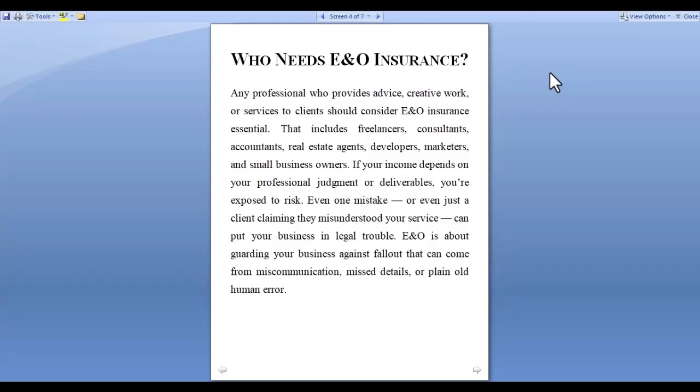If your income depends on your professional judgment or deliverables, you are exposed to risk. Even one mistake, or even just a client claiming they misunderstood your service, can put your business in legal trouble. So E&O is about guarding your business against fallouts that can come from miscommunication, missed details, or plain old human error. So now let's go to the next page.